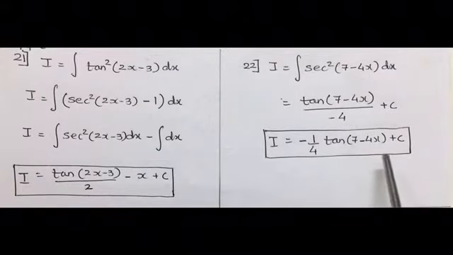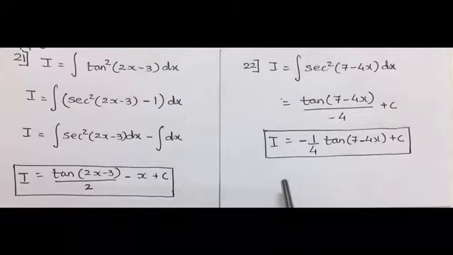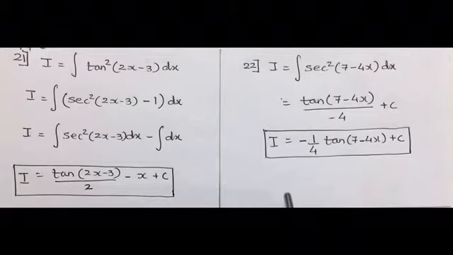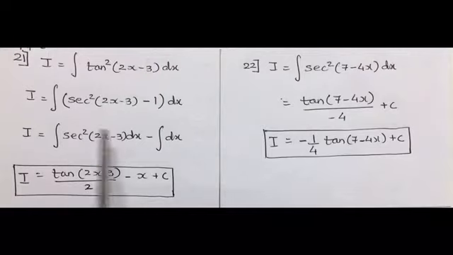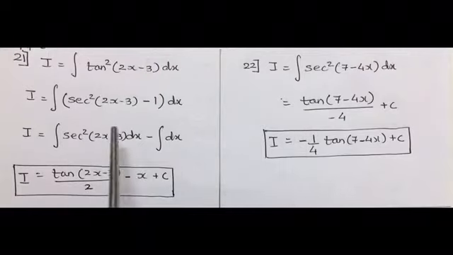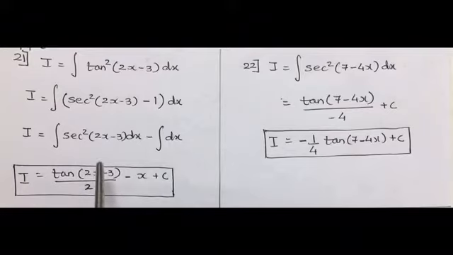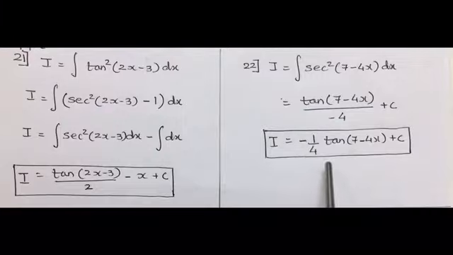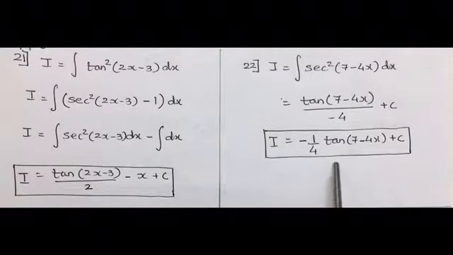So this is how it is integrated. Here we have not used the method of substitution because directly it can be integrated without substitution. And we have the direct standard integrations. So substitution is not needed for these two examples.